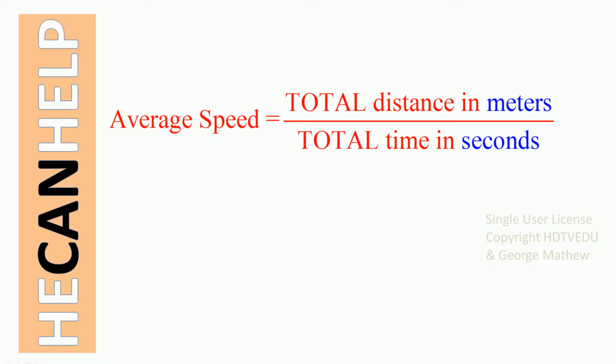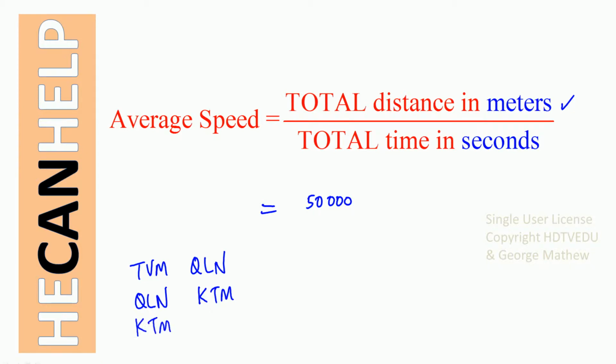Average speed is total distance in meters divided by total time in seconds. We already know what the total distance is. It is 50,000 from TVM to QLN, then we go from QLN to KTM, and then finally from KTM to EKM.